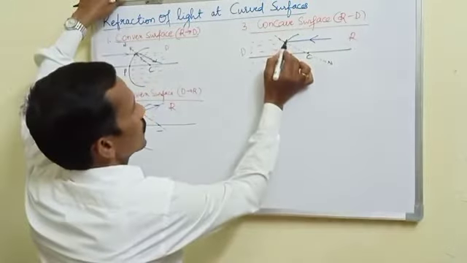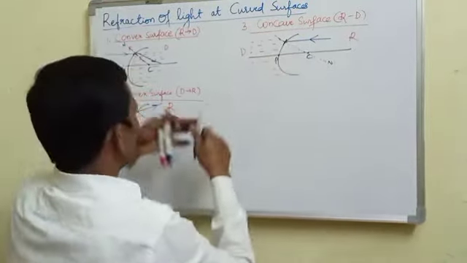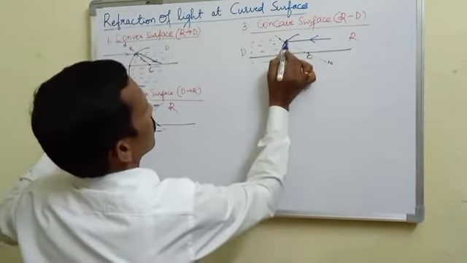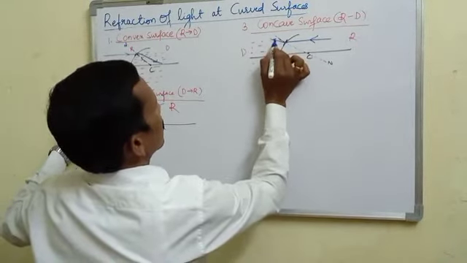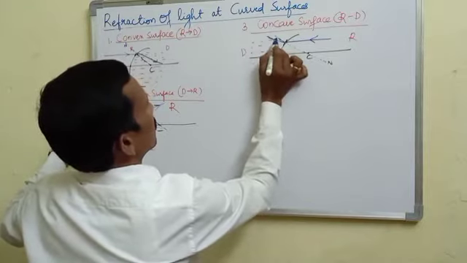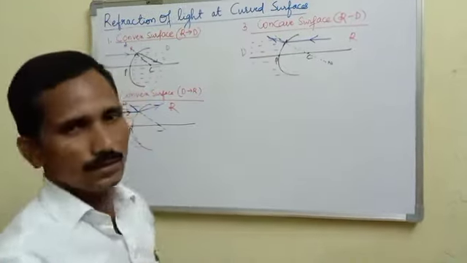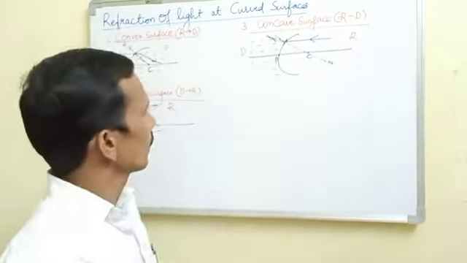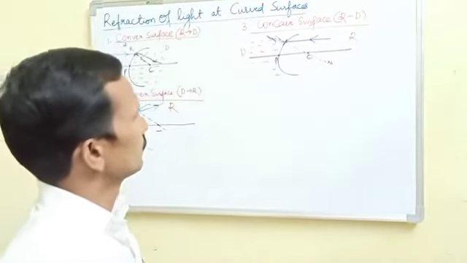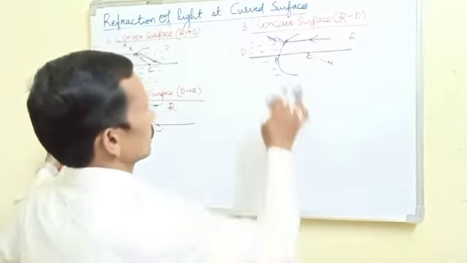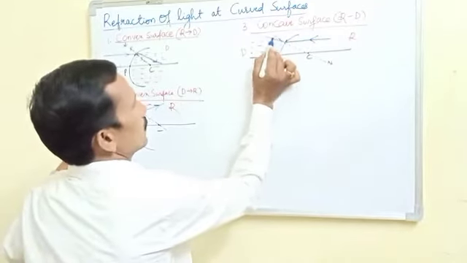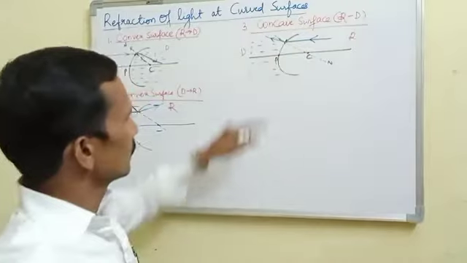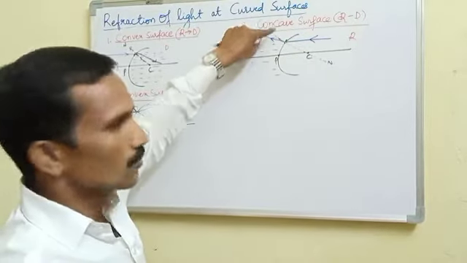So it moves towards the normal like this. This is the normal. So it is diverging. It moves close to the normal.